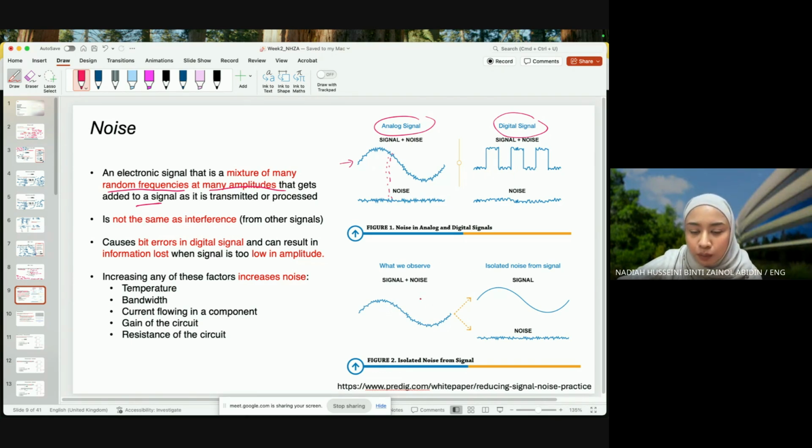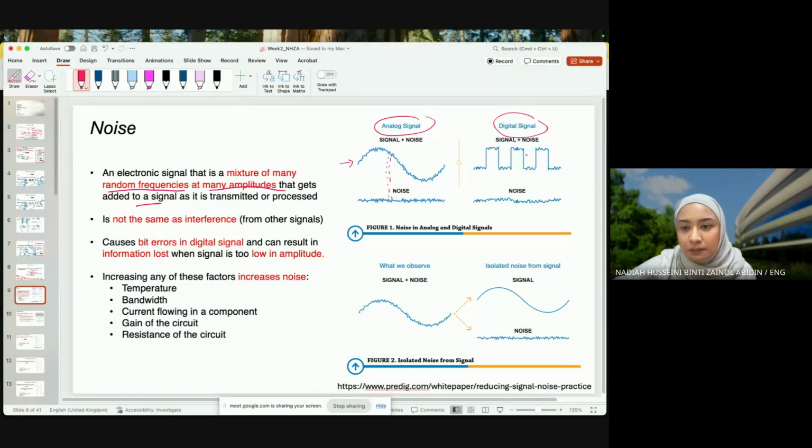So here, what we observe is actually the signal and noise, but when we isolate them, this is the actual signal and this is the noise. So signal has a fixed frequency or multiple fixed frequencies and a controlled amplitude, but for noise, it's randomized.